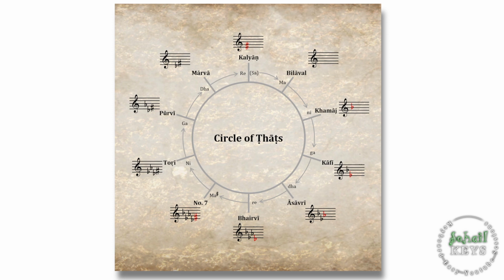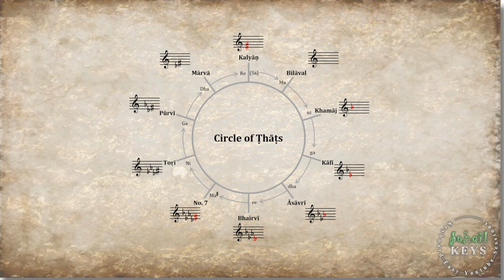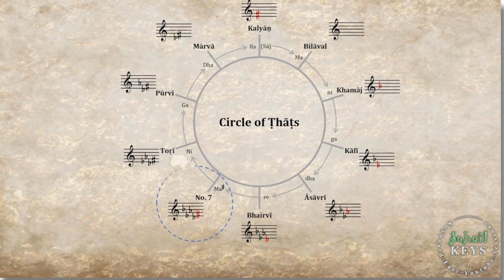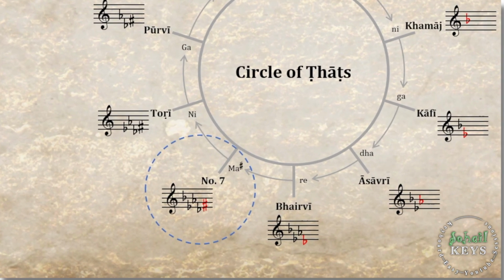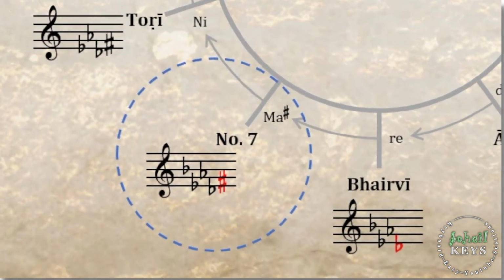Nine of the 10 are Bhātkhaṇḍe's ṭhāṭs, and as mentioned earlier, the 7th scale is hypothetical and not used in North Indian classical music.